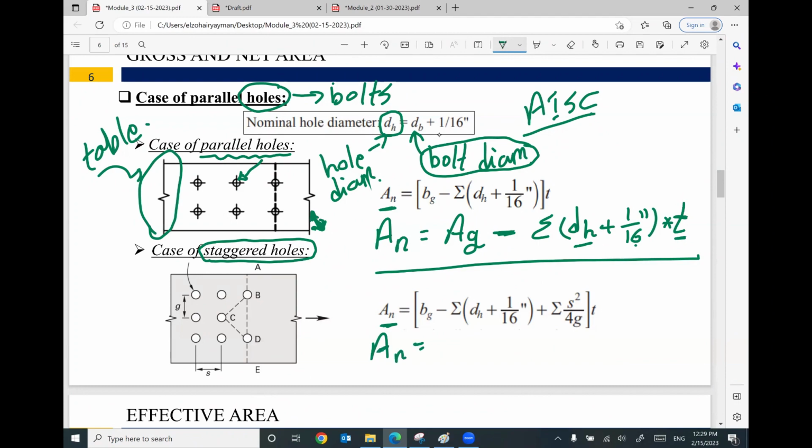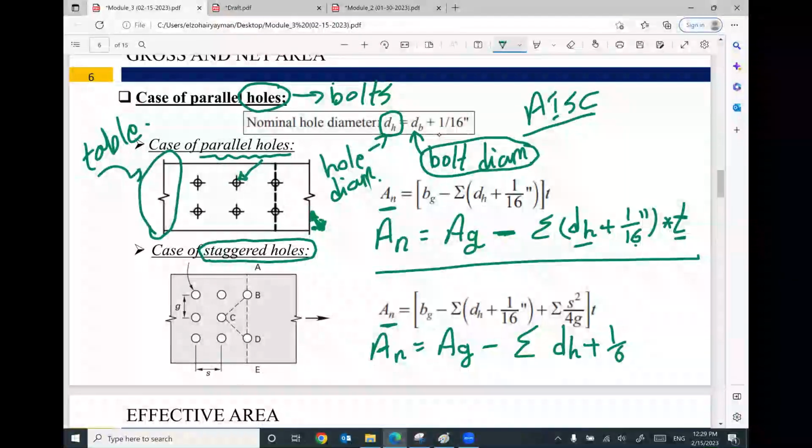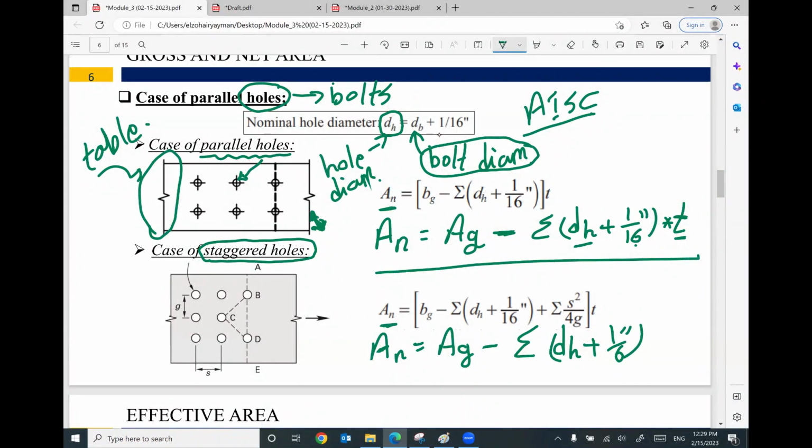Area net will equal area gross minus summation (d hole plus 1/16) times thickness, plus summation s squared divided by 4g times thickness.